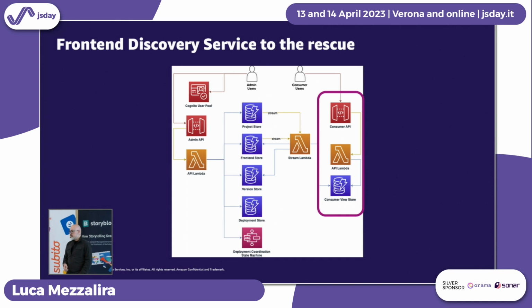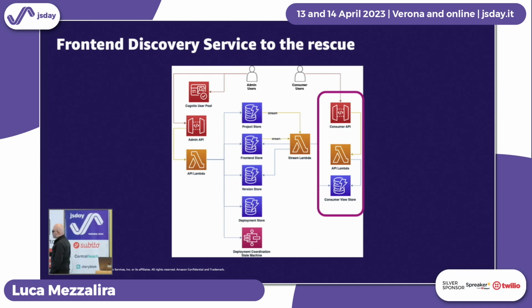We store it in multiple tables, and then a stream Lambda takes care of updating the Consumer View Store in a way that is extremely fast to access. Therefore there aren't queries that, as you grow the traffic or the number of micro-frontends, will kill your traffic or slow down your response.